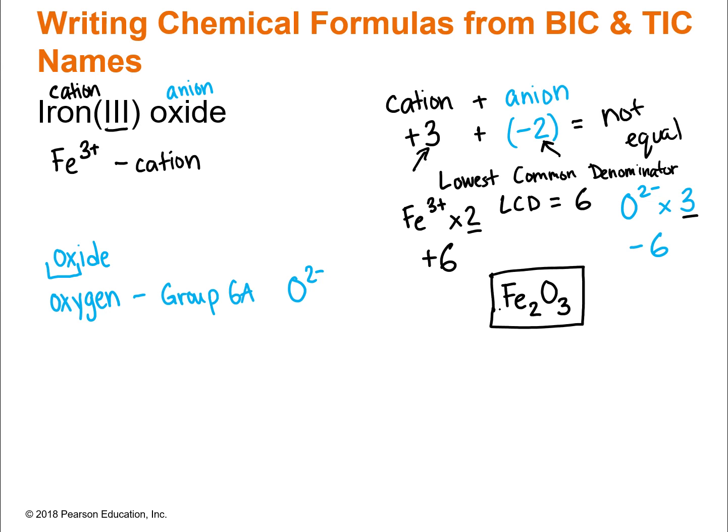That's kind of the long way to do it. If you had chemistry in high school, yes, I was just going to bring that up. I don't like to show you the cross until you know what you're doing. So what you're doing, whether you know it or not, is finding the lowest common denominator.